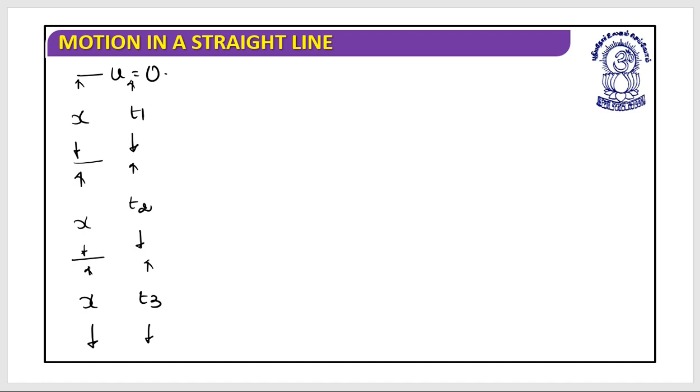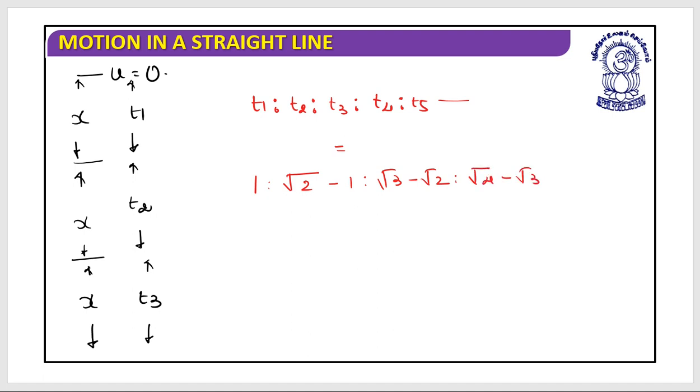If I need the ratio t1 is to t2 is to t3 is to t4 is to t5 and so on, it is 1 is to root 2 minus 1 is to root 3 minus root 2, root 4 minus root 3. I hope you can understand the pattern behind this. Root 5 minus root 4 and onwards. This goes on.